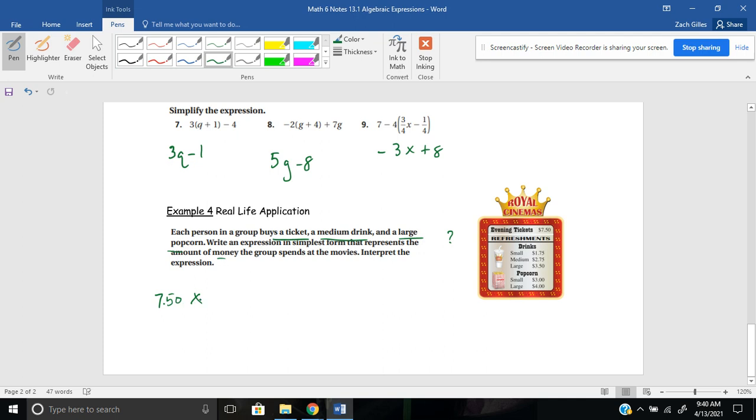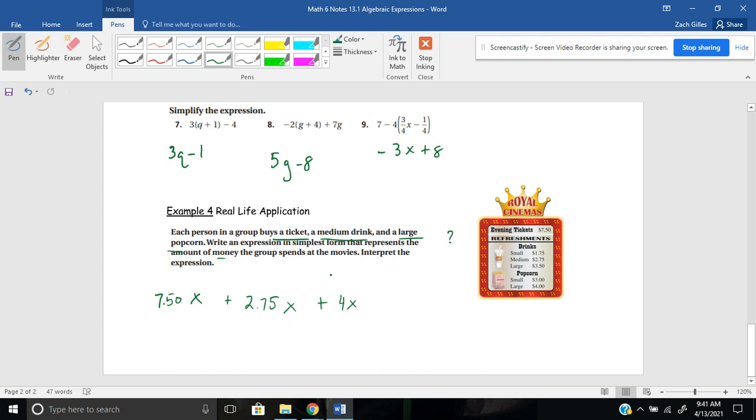So that's why it's times X. Plus, each person gets a medium drink, which is $2.75 per person, so times X. Plus a large popcorn, which is $4 per person, so 4 times X.